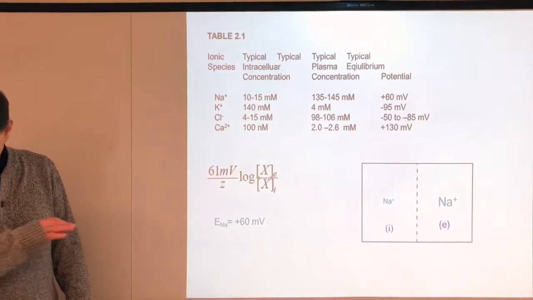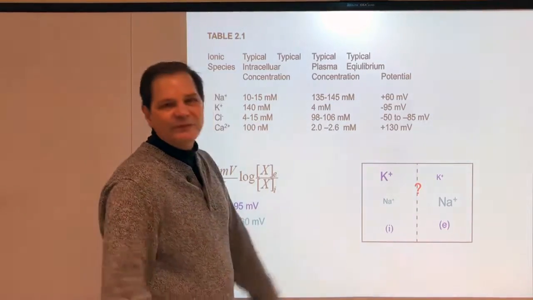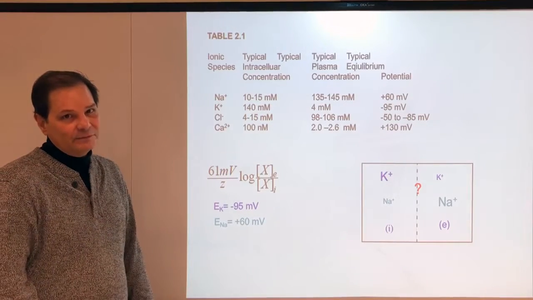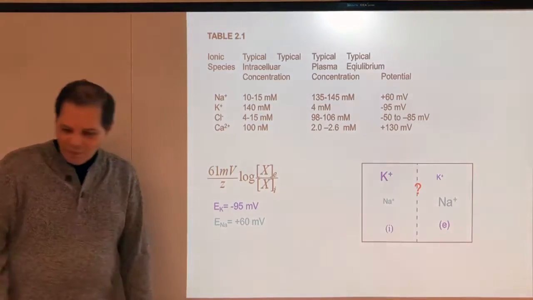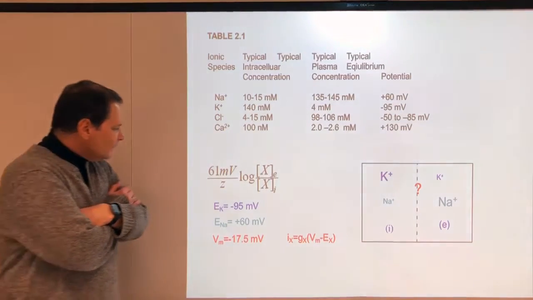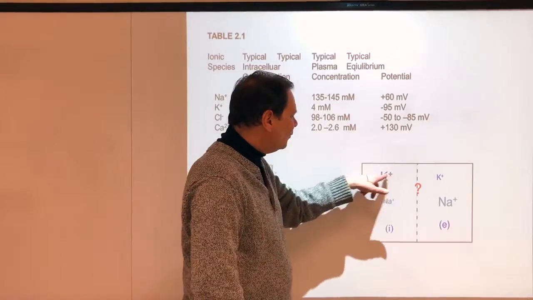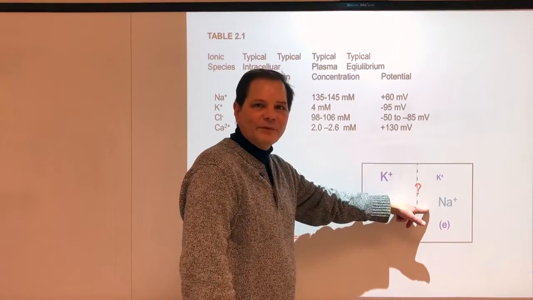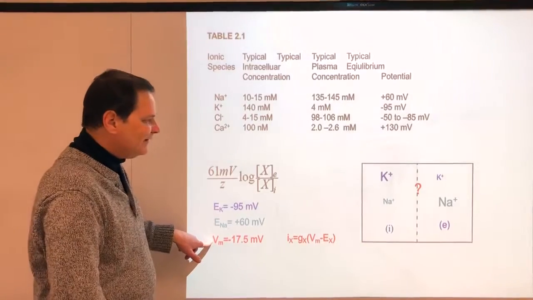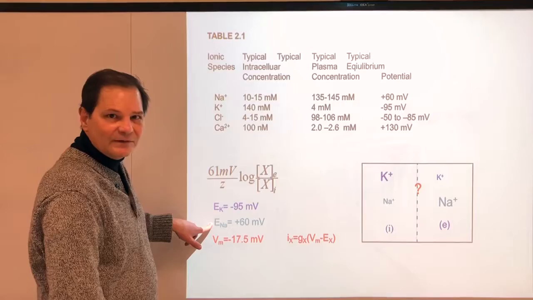Now the question is, what happens if you have both, which is closer to a physiological situation? What membrane voltage will you come to? Well, you have EK and ENa, and the answer is that if the permeability of the membrane to both is exactly the same, you get a voltage of -17.5, which is exactly halfway in between these Nernst potentials.